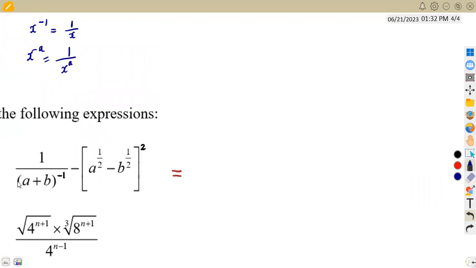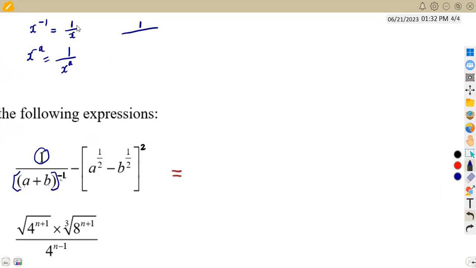So here we are going to have the bracket of a plus b, raised to the exponent of, but take note, there is already a 1 over that we are given here. So this is going to be 1 over a plus b to the exponent of -1.